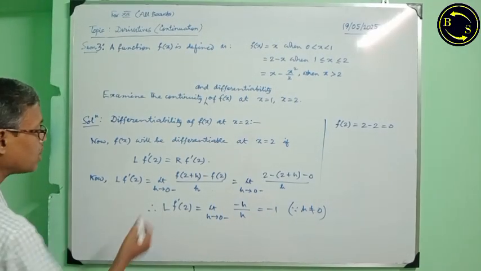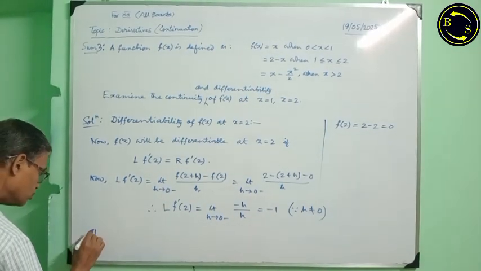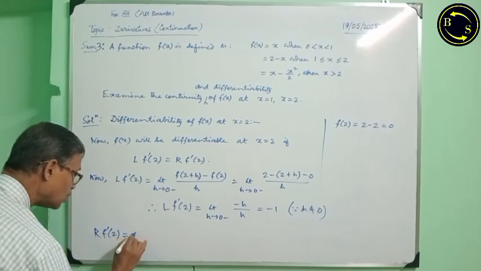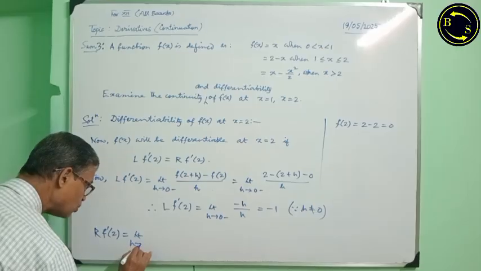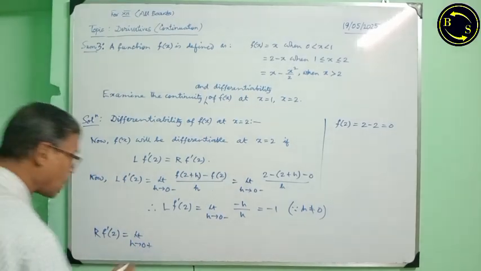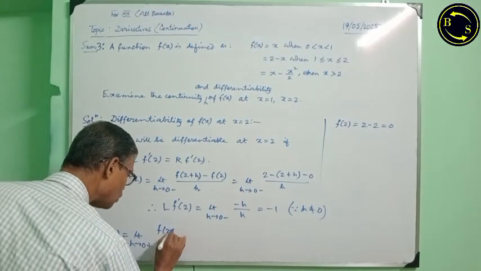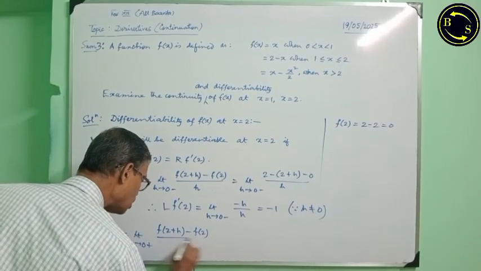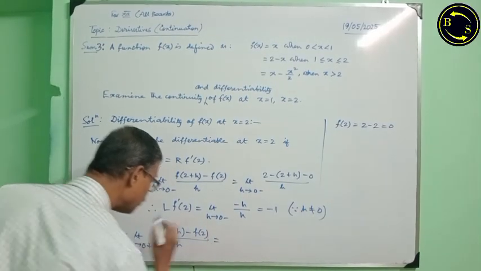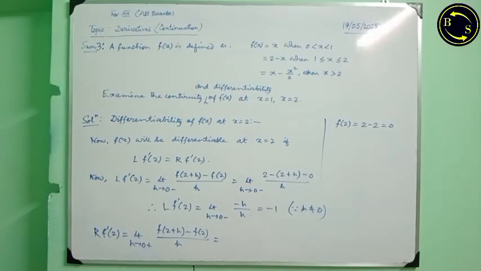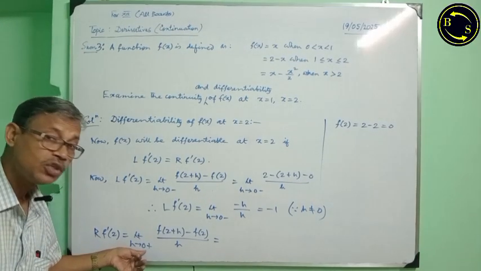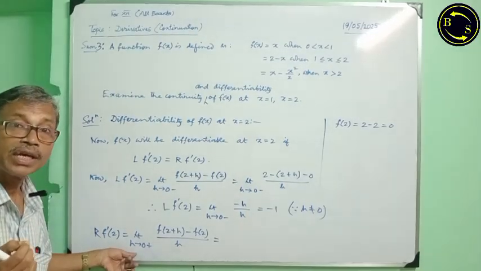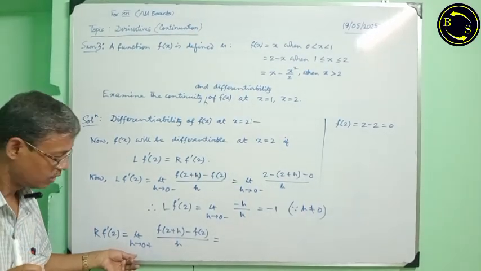Now we calculate R f dash 2. Limit h tends to 0 plus of f(2 plus h) minus f2 by h. Now we note h tends to 0 plus, that means a bit greater than 0, that means positive.